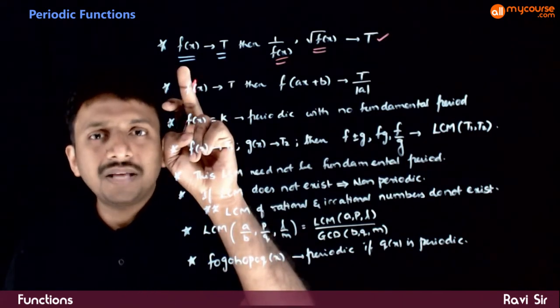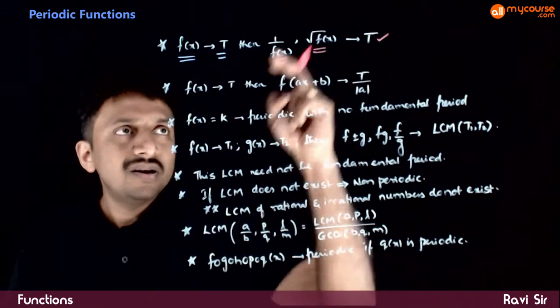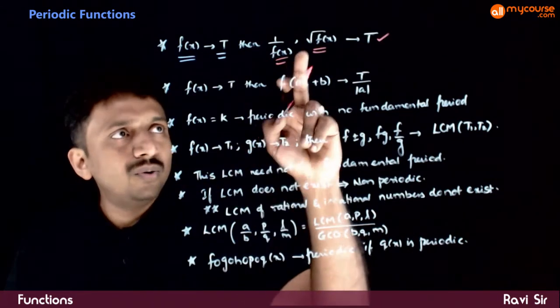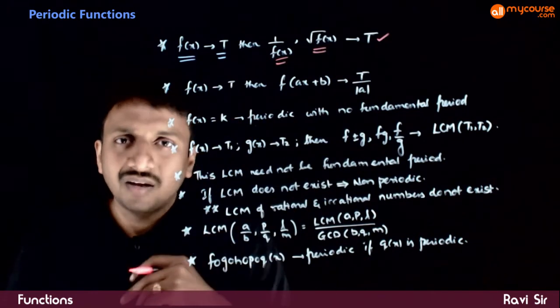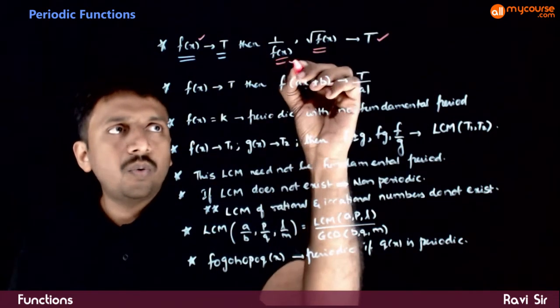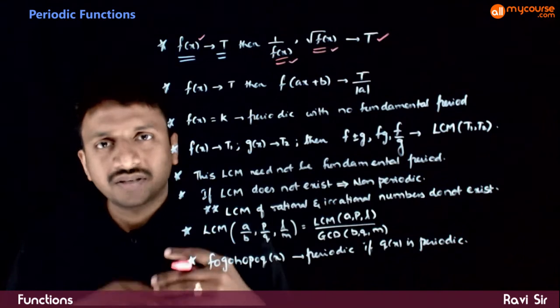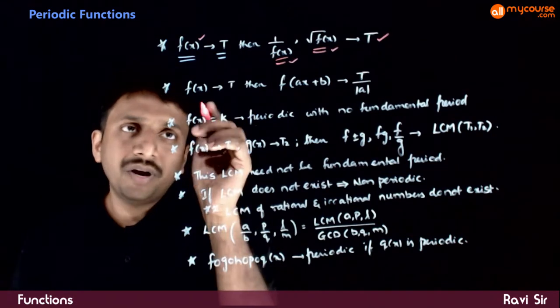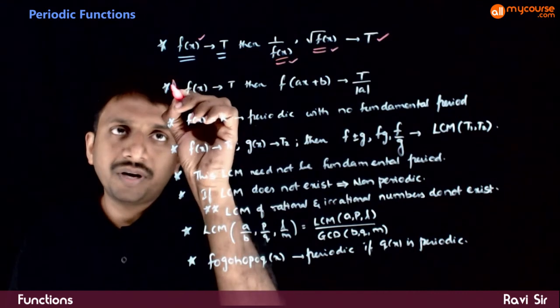Because if f of x plus t is equal to f of x, then 1 by f of x plus t is 1 by f of x, and root of f of x plus t is root f of x. So if f of x has a period t, 1 by f of x and root f of x also have a period of t.